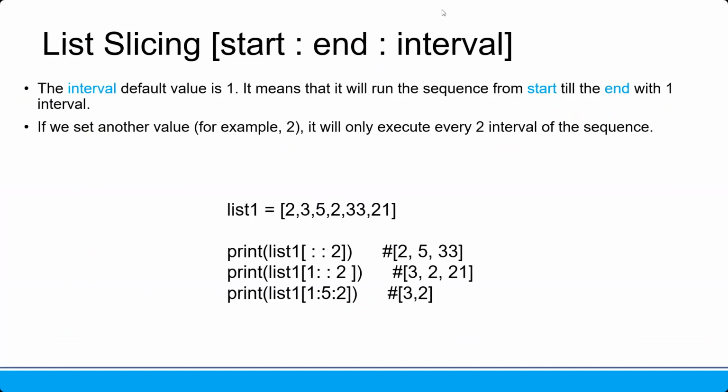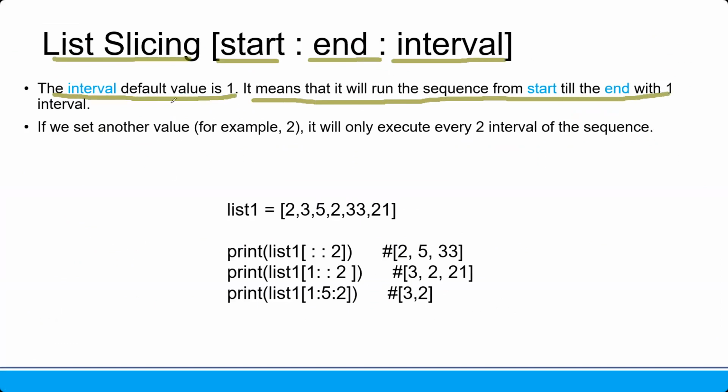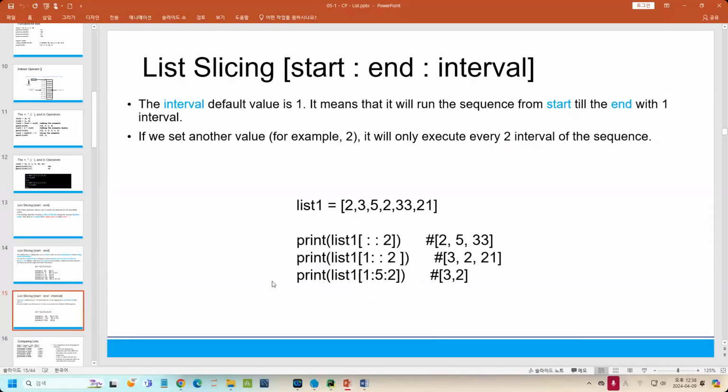Next, we have the slicing, not only the starting, not only the ending, but we also have the interval. The interval value by default is 1. It means it will run the sequence from start until the end with 1 interval. So every 1. Now, let's see.